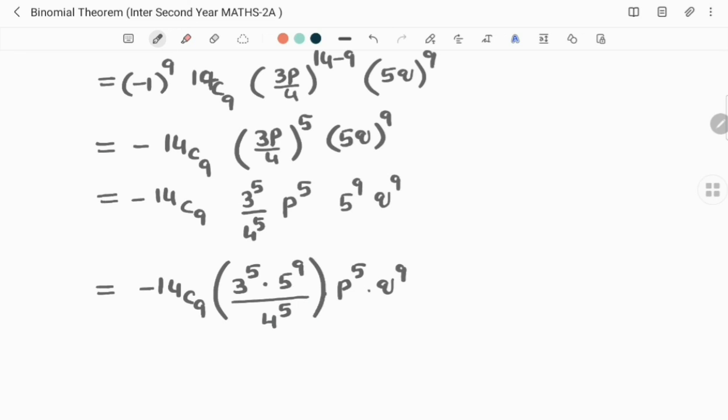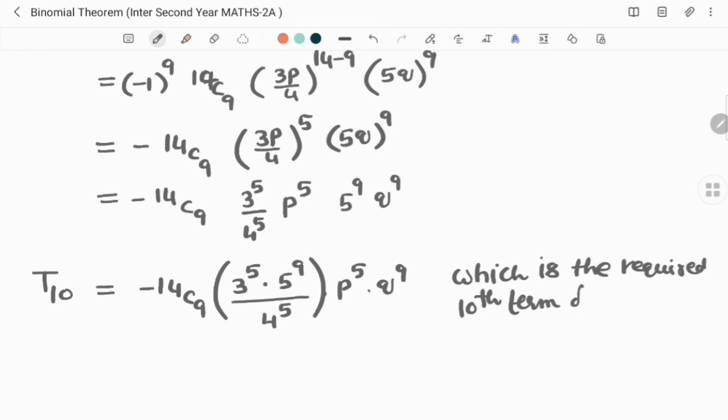Even if you want to expand, you can expand, otherwise leave it. So this is the 10th term, T10, the required 10th term of the given expansion.